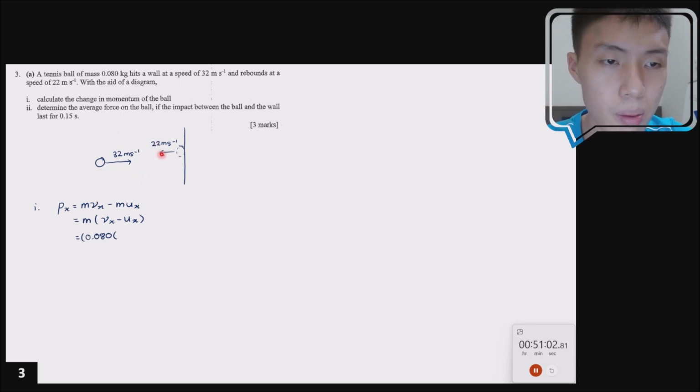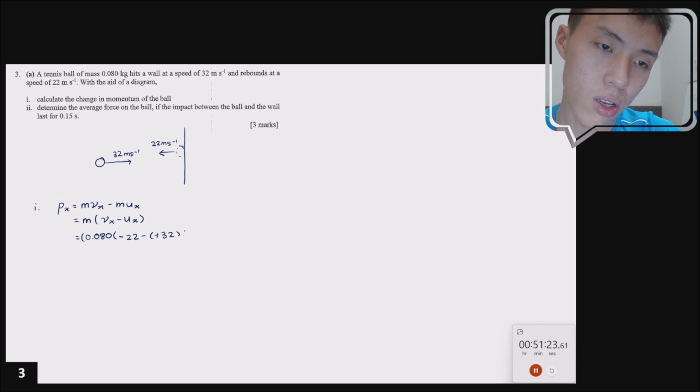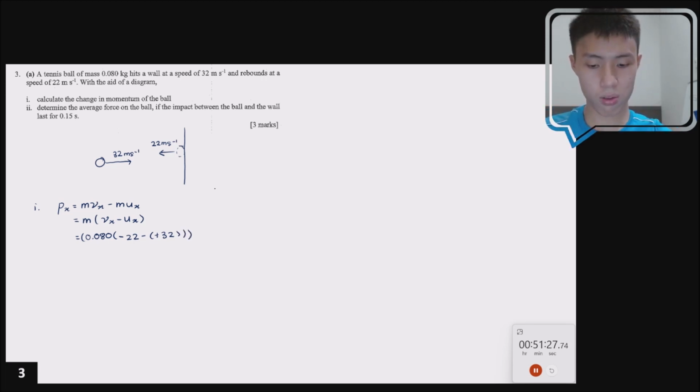I'm taking the positive direction as to the right, the negative direction as to the left. Based on this diagram, 22 is to the left, so there'll be negative 22. Minus ux, going to the right, so that will be positive 32. So negative 22 minus 32.